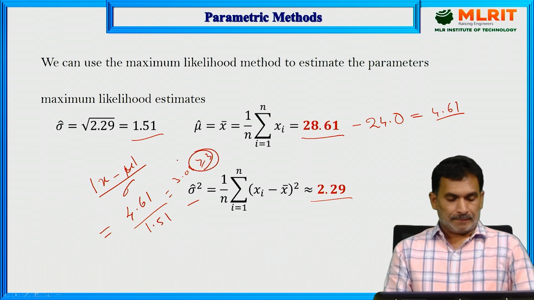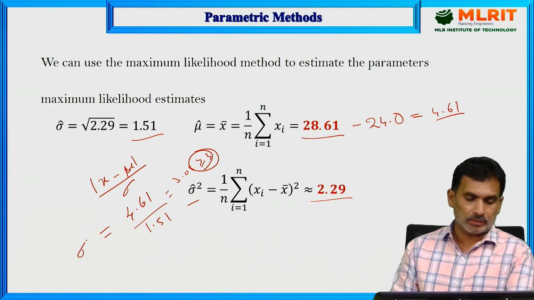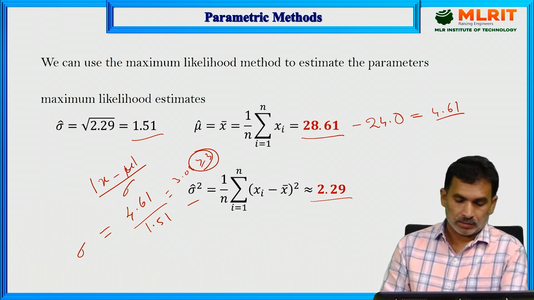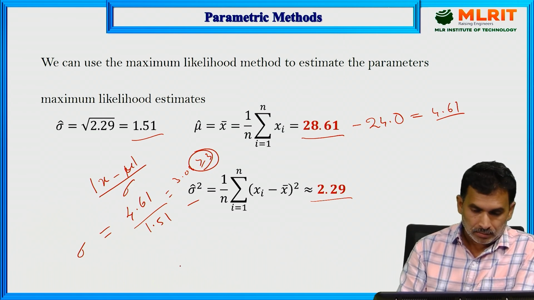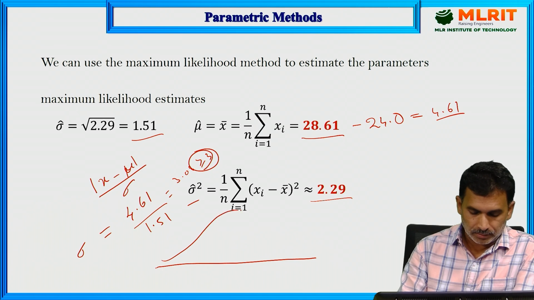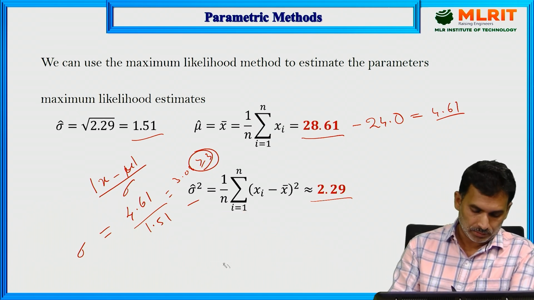So that means the deviation, in units of the standard deviation sigma, is greater than 3. Let me draw a normal distribution.